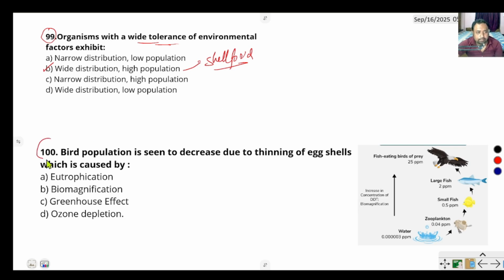Question number 100 says, bird population is seen to decrease due to thinning of egg shell due to biomagnification, especially of non-biodegradable DDT.